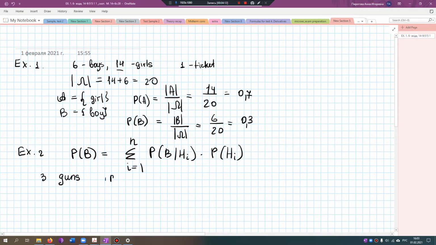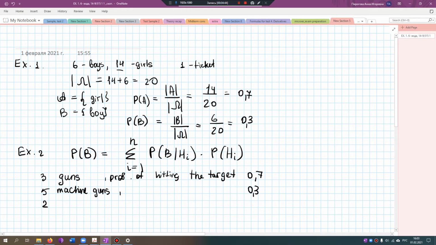The probability of hitting the target is equal to 0.7. We have 5 machine guns, and in this case the probability is equal to 0.3.